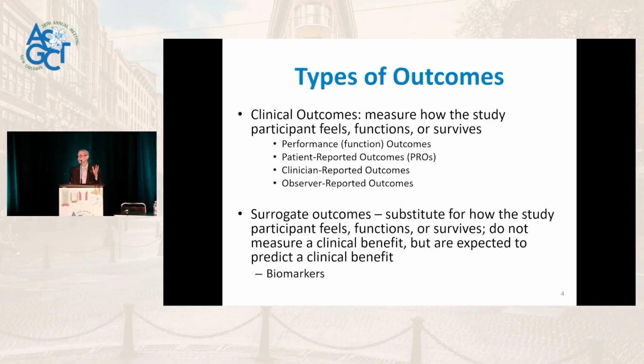These are the types of outcomes. Clinical outcomes, and these measure, in general, how patients feel, function, or survive. And these include performance or functional outcomes, and we'll talk more about these, patient-reported outcomes, observer-reported outcomes, and clinician-reported outcomes.